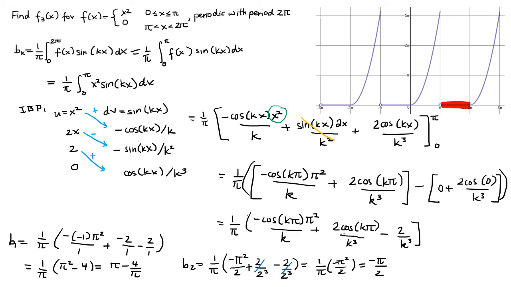And finally, b3 is equal to 1 over pi times pi squared over 3 minus 4 over 3 cubed, or pi over 3 minus 4 over 3 cubed times pi.